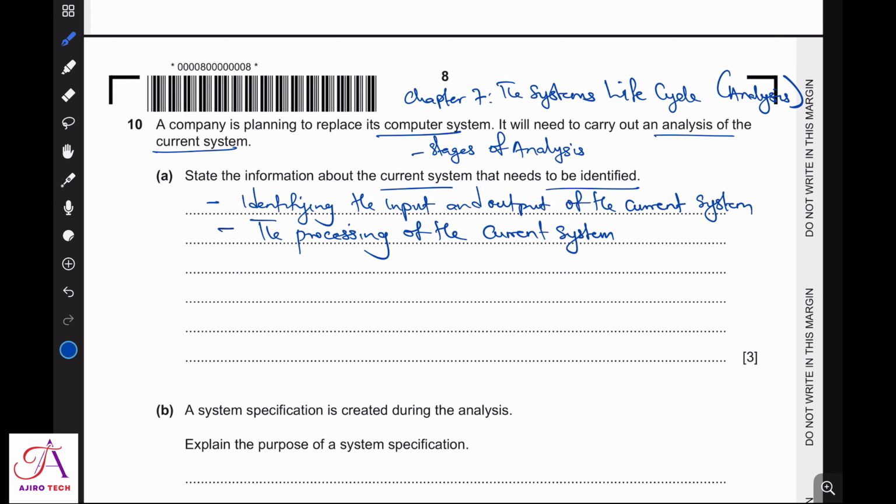You can split both of them and you have your mark. And also problems with the current system.